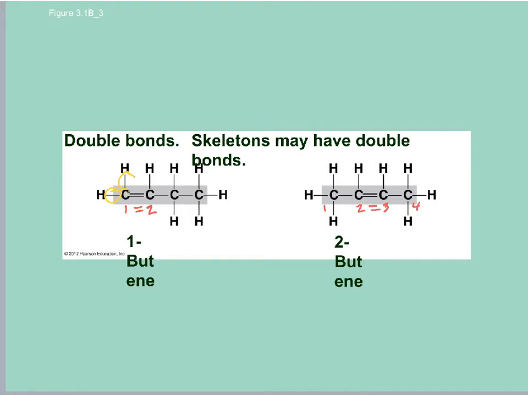So in this case, this is a slightly different compound, slightly different structure, slightly different function. This is called 2-butene, and the 2 means that the double bond is between the second and the third carbon. And this one, the first one, is called 1-butene, meaning that that double bond is between the first and the second carbon.